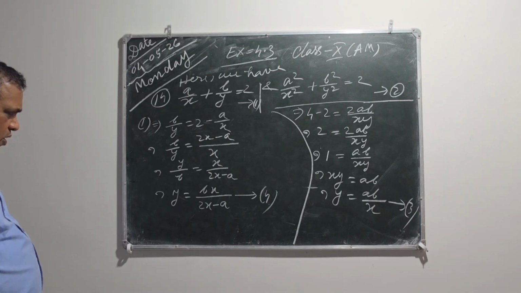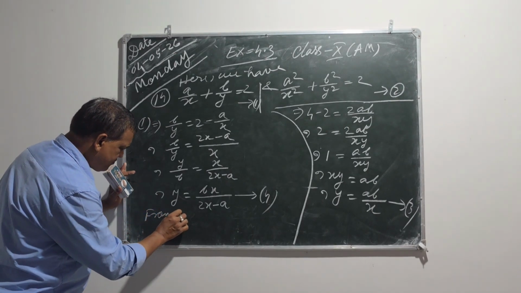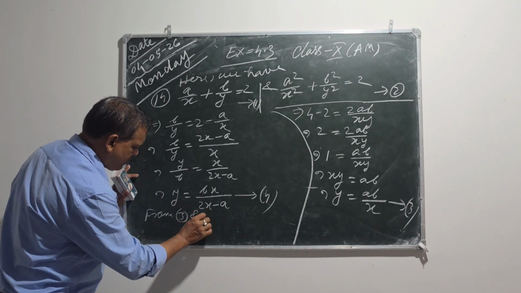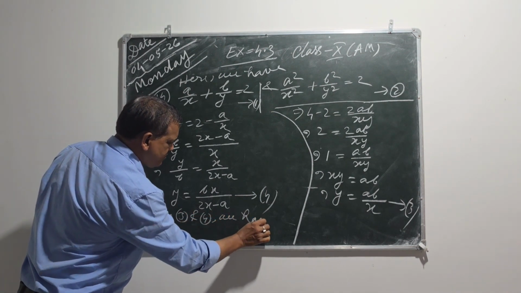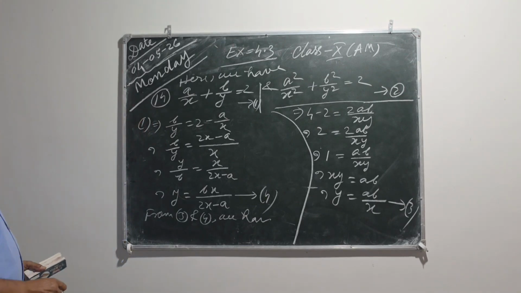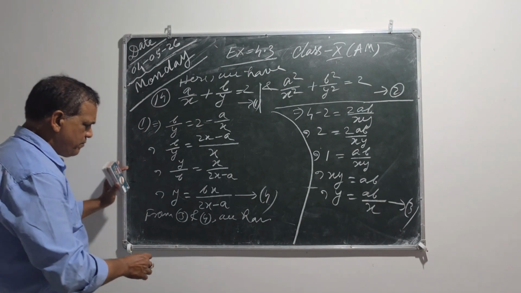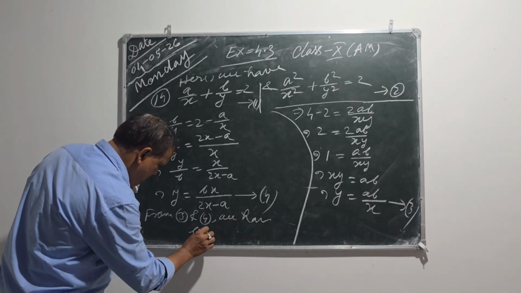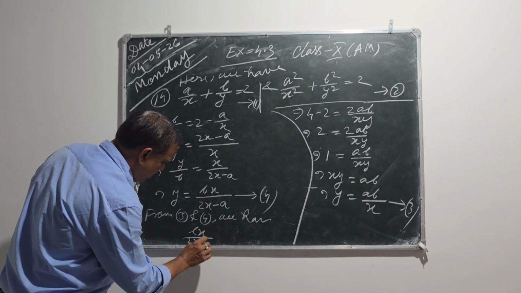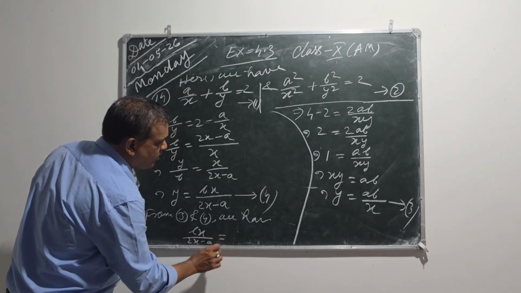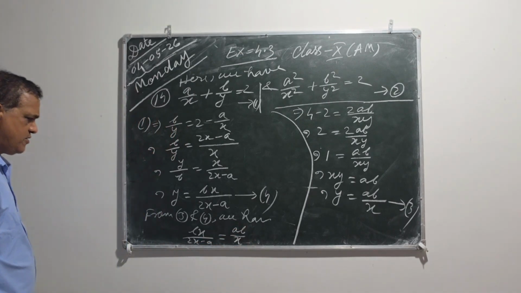So from 3 and 4 we have, left side is y, so equating the right side we can write bx divided by (2x minus a) is equal to ab divided by x.